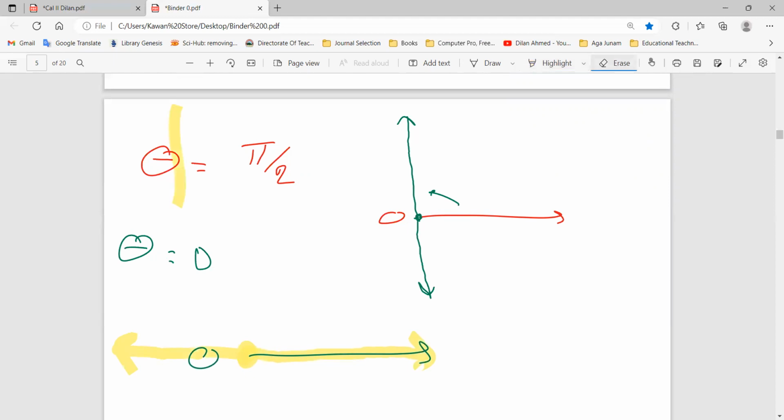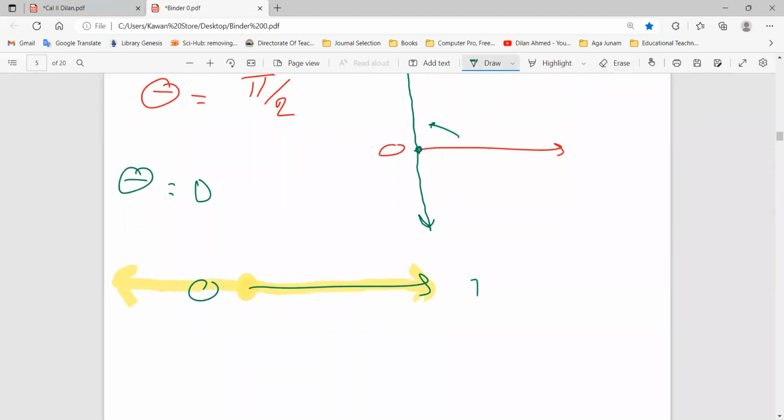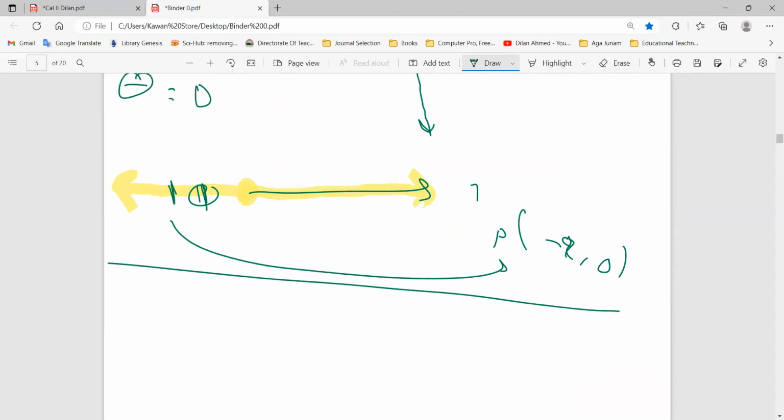Even if you don't know how to sketch -2 and 0, you do know where 1 is. Do you understand? Good.